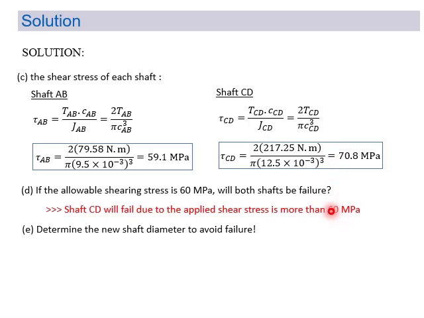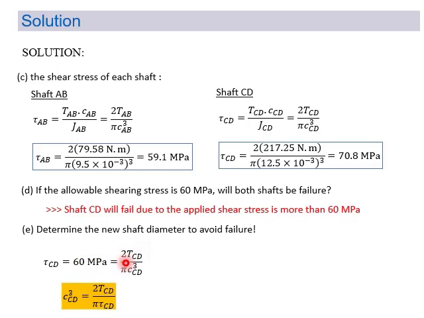In the next question, you are asked to redesign the diameter of the shaft that fails in order to avoid failure. It means that you need to redesign the diameter of shaft CD. Therefore, the shearing stress is no longer 70.8 megapascal, but less than or equal to 60 megapascal. Using the same equation as before, but here we use the maximum shearing stress of 60 megapascal, because this is the limit that we cannot exceed.